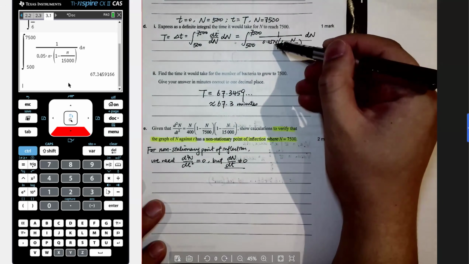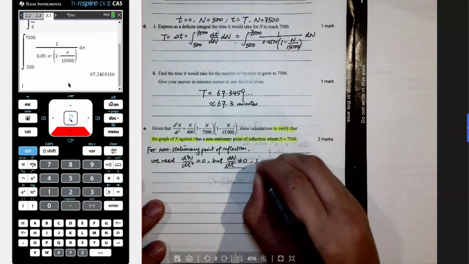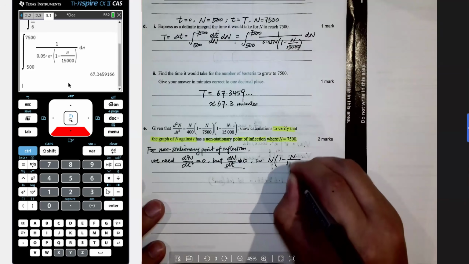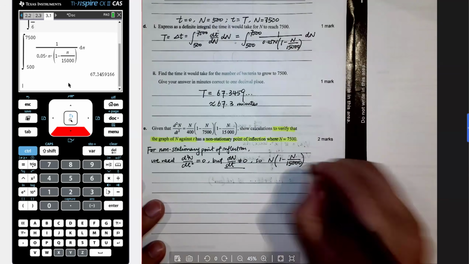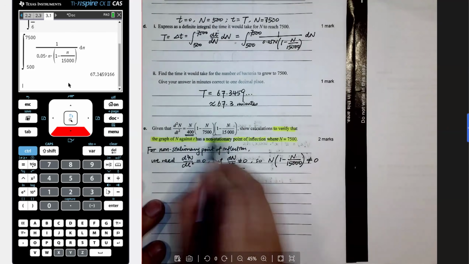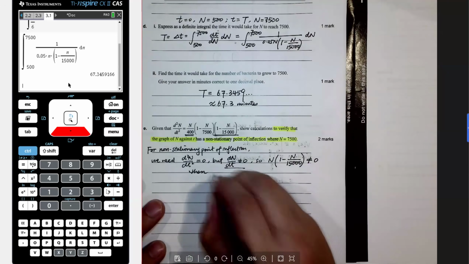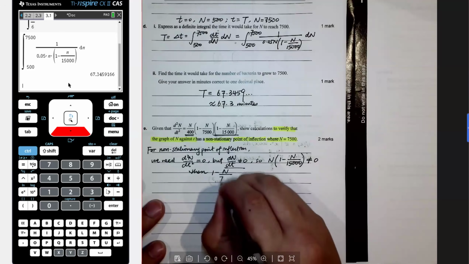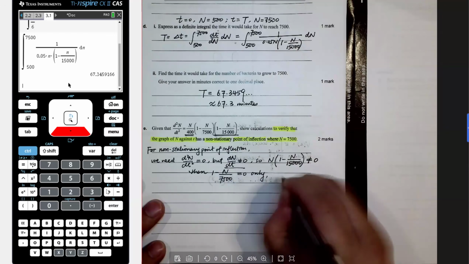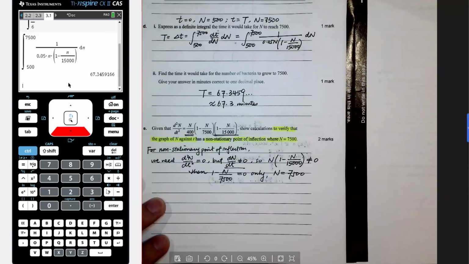Your n cannot be 0. Your 1 minus n over 15,000 is not equal to 0. Therefore, I can knock out these two factors. Then 1 minus n over 7,500 equals 0 only, and n equals 7,500.